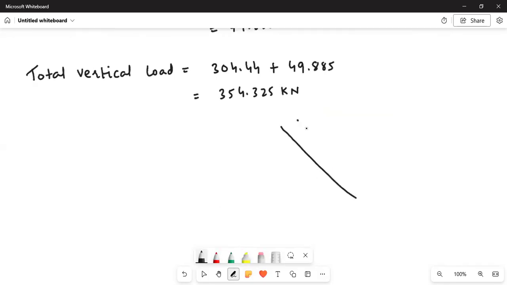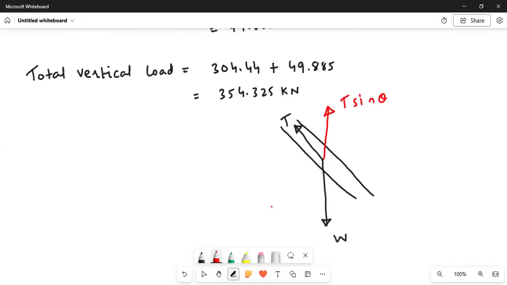So this is your total load. Okay. This is your total load that is going in this direction. And from this, we need to find the tension. So this is the tension in the hopper bottom that is running. If you take the vertical component of this, it will be T sine theta. Okay, so we need to find tension per meter.